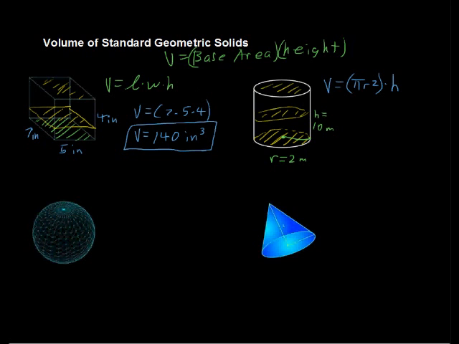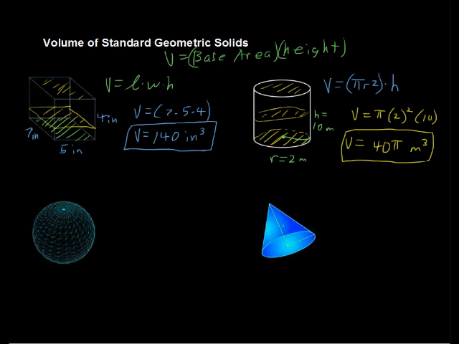Now we can start plugging numbers in. The volume is pi times 2 squared times 10, so that makes the volume 40 pi cubic meters. Now, of course, you could approximate pi as 3.14 and get a decimal approximation of this. I'm going to leave these in terms of pi so we have the exact answers.